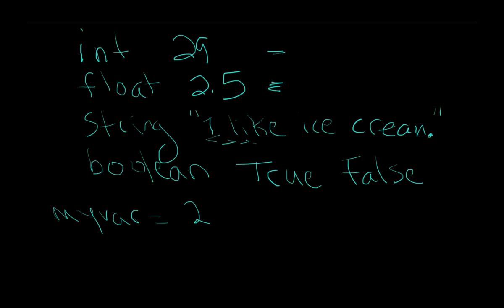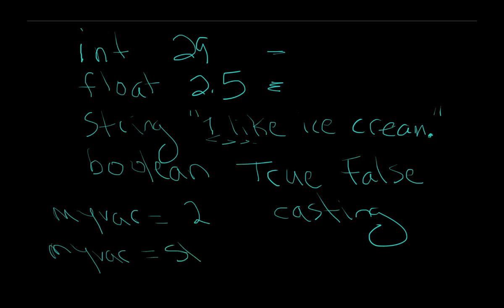So you select your data type very carefully for what you plan to do with it. But we can actually convert between the data types, and we call this casting. If you have a variable that is a certain data type, so this is an integer, and let's say we need it as a string, then we can just use a casting function to cast it. So we can say what I really want is for my variable to be the string of 2.